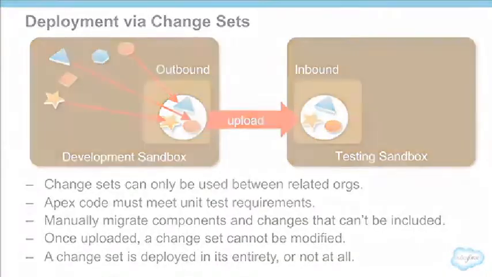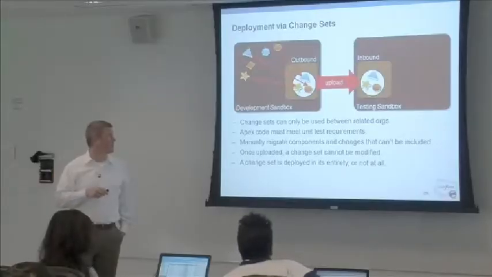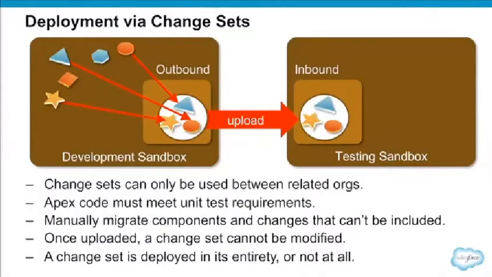You then log into the target environment and you're going to see an inbound change set, whereas in the source org it was an outbound change set. So once you've logged into, in this case, our testing sandbox, the target org, you're going to see the inbound change set, and you're going to deploy it into the production environment. So it's a multi-step process where you define the change set, you upload it, and then you log into the targeted environment, and then you deploy it.